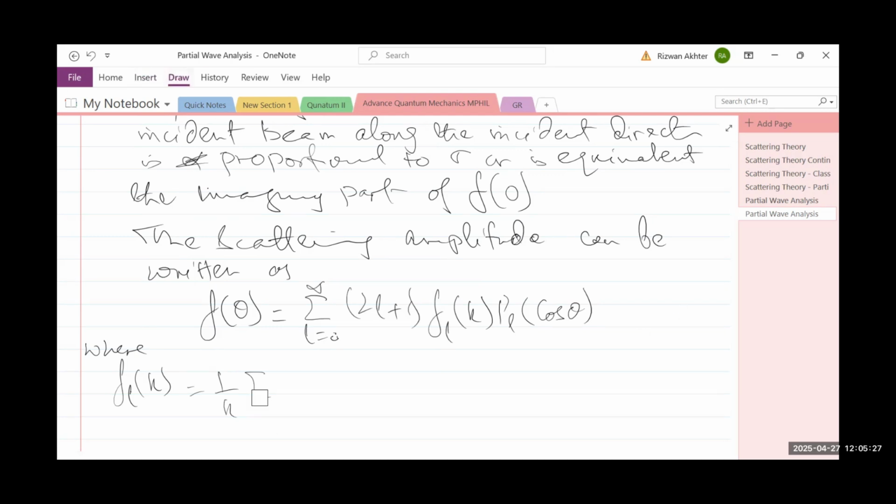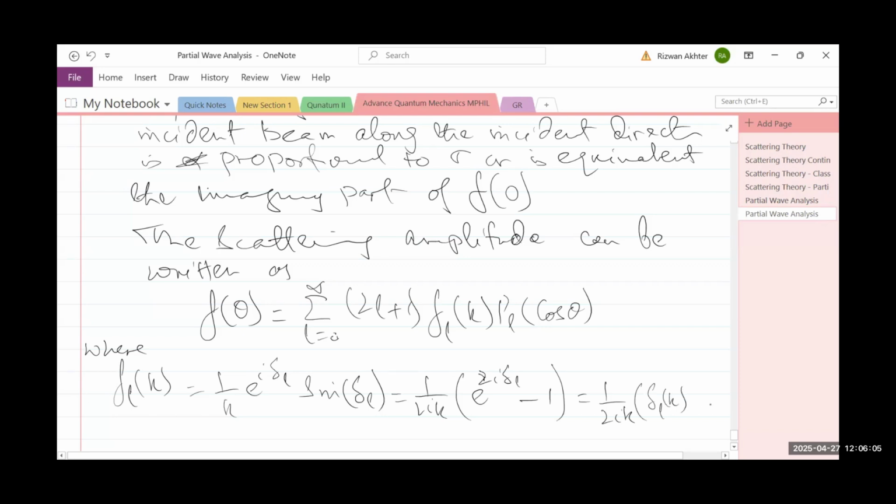So we could write, this is 1 over k e to iota delta L, and we have sine delta L, which is 1 over 2 iota k factor e to the power 2 iota delta L minus 1, which is 1 over 2 iota k (S_L minus 1).